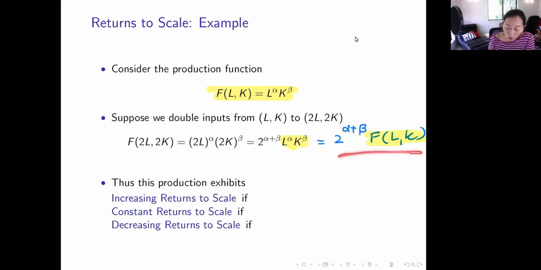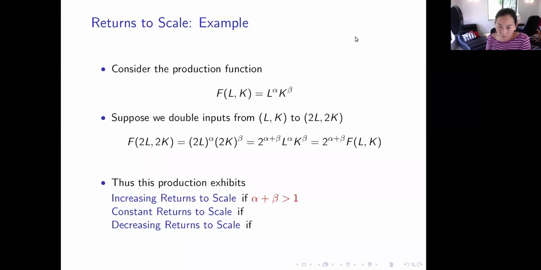Then I will have constant return to scale if these two values added together is equal to 1. But if this one is bigger than 1, then my output will be more than double. So there will be increasing return to scale. If alpha plus beta is smaller than 1, then my output will be less than double. Therefore, this is decreasing returns to scale, right? So these are the conditions of the returns to scale.